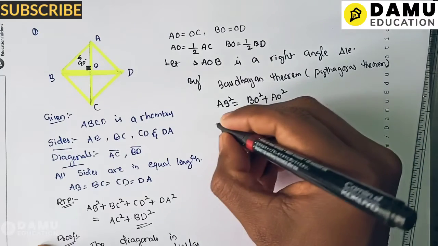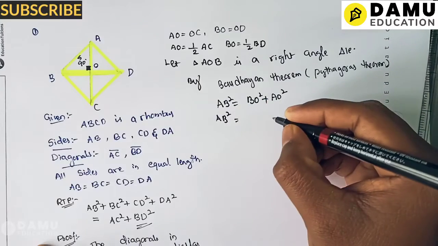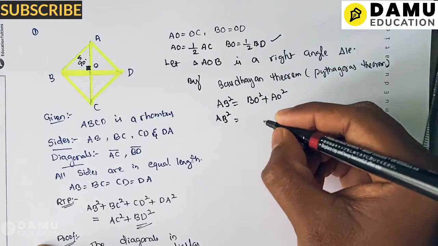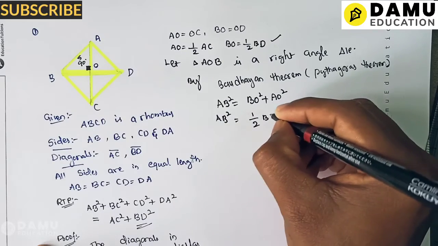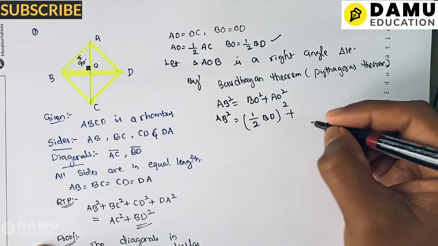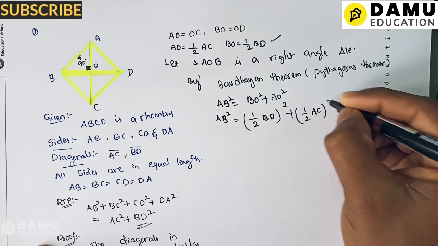So let's write AB square. That will be equal to BO, which is half of BD, whole square, plus AO square, which is half of AC, whole square.